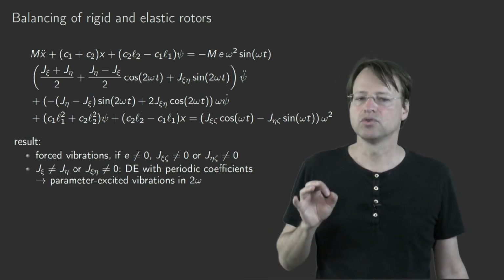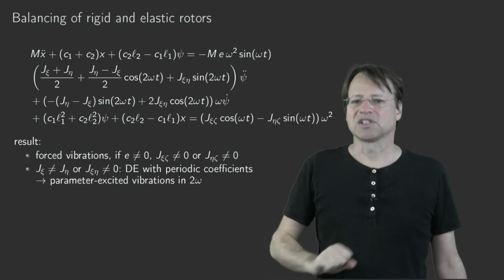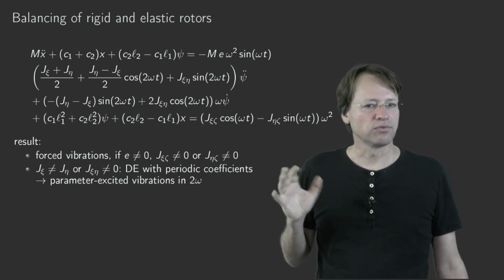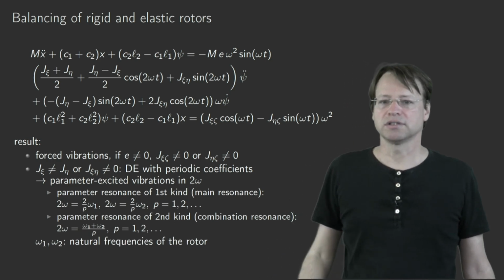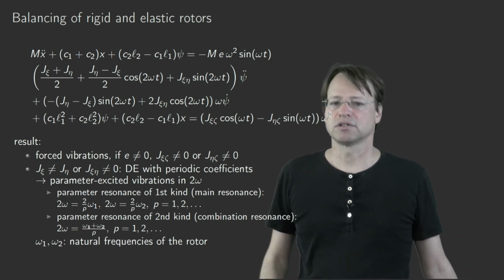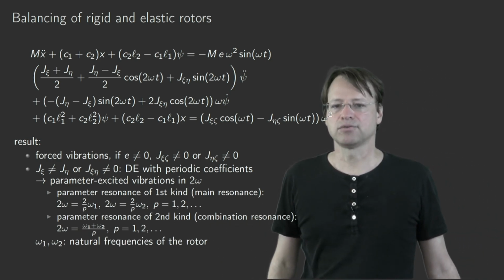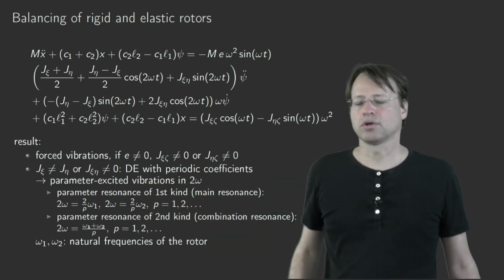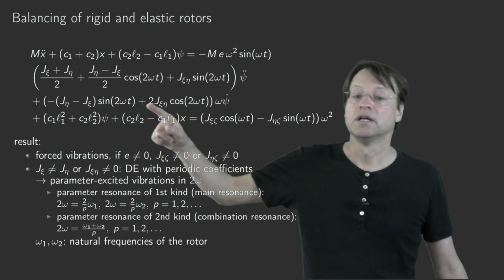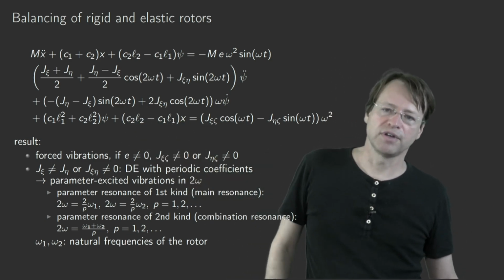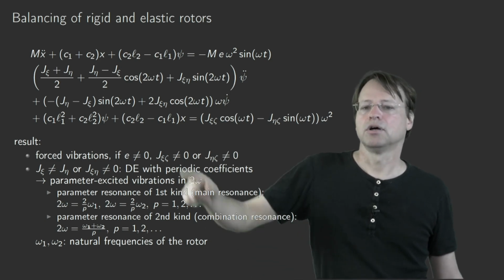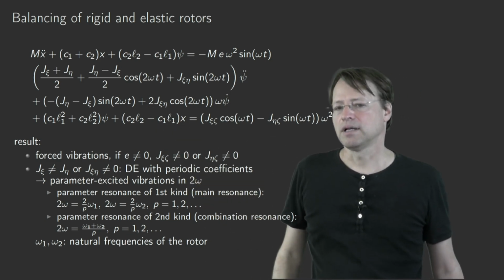What I would like to just present you as a result is that there is an additional possibility of resonance here, namely parameter resonance of first kind, which is called the main resonance. And you can see that this resonance does not occur just once, because such a sine function always leads to the same values.